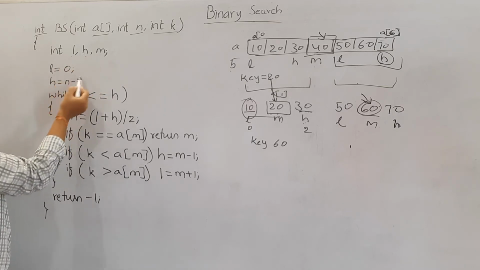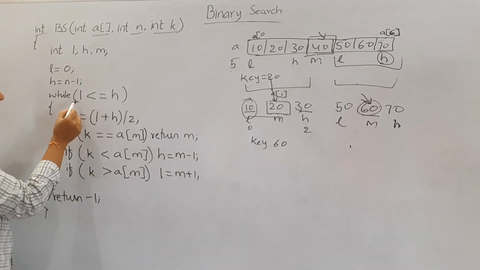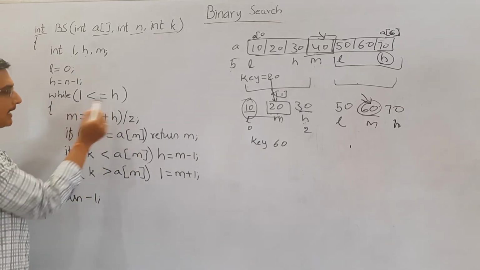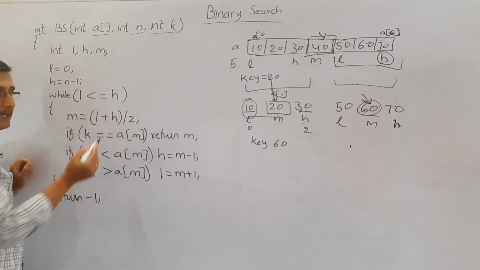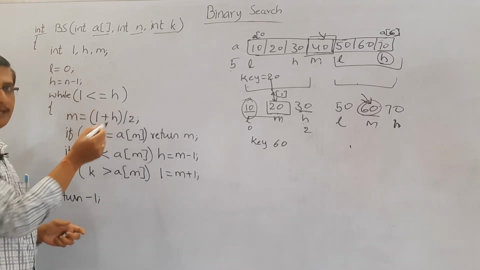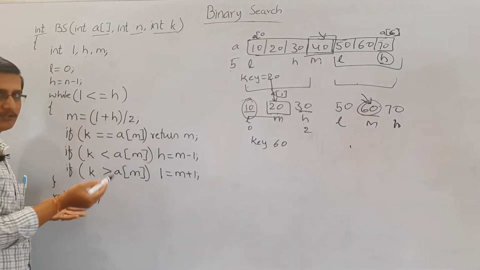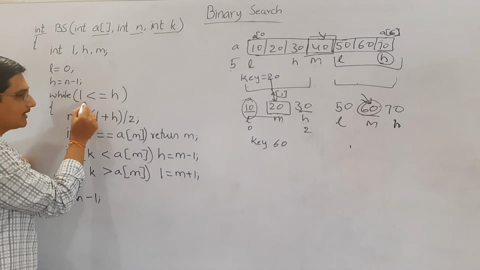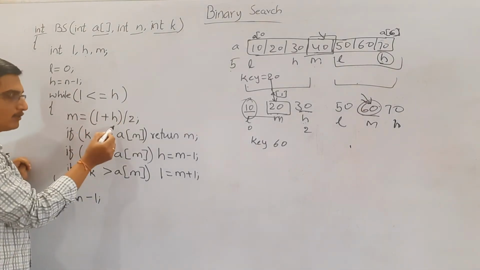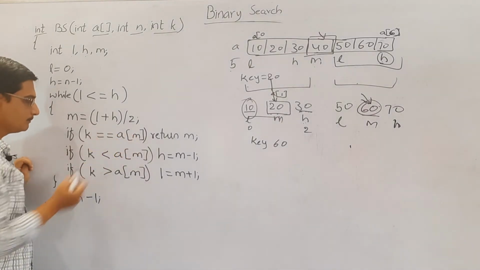Low is initialized to 0 and high is initialized to the last element of the array. When low is less than or equal to high, it means that there are some elements. If there are no elements, we need not search, right? So if there are some elements, then we calculate the mid. Mid is equal to low plus high divided by 2.